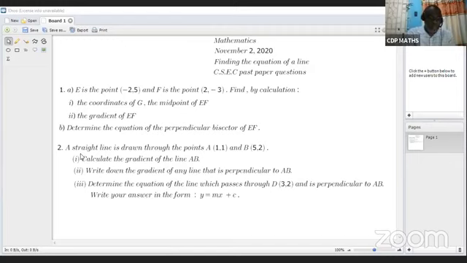When you finish writing it down, let me know, please. When you finish writing down, let me know, all right?